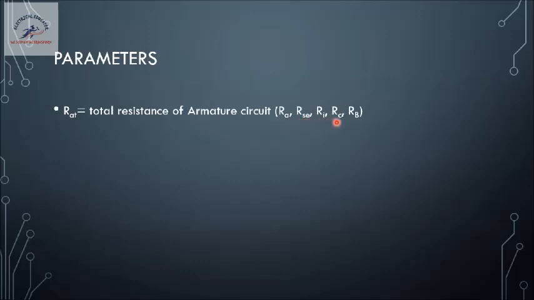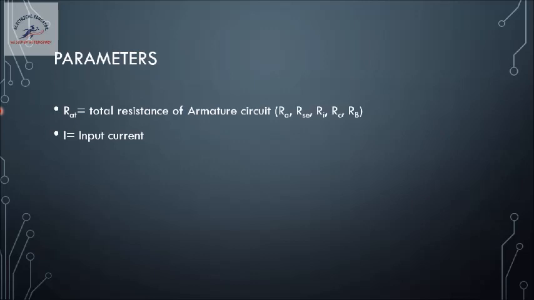Interpole windings and compensating windings, these two windings are in series with the armature circuit, so their resistances are denoted by Ri and Rc. Also the brushes, which are necessary to supply the electricity to the armature, are made of carbon, so they will also have certain resistance, and this will also come in the armature circuit. All these resistances combined together are represented by a single resistance called RAT. So this is the total resistance of the armature circuit. Understand this parameter.